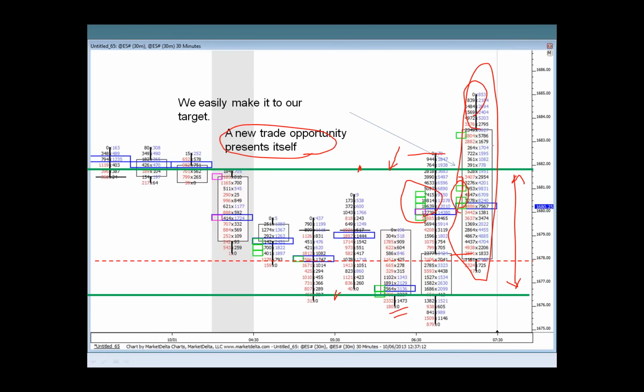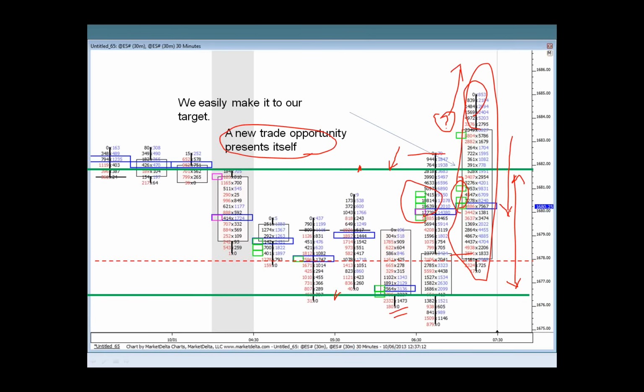Now, prices have shot up above the value area. The question that I have is, are they going to continue to move higher? The opportunity exists, and my question is, is the market going to continue to move higher, or is it going to revert back, and are we going to see it move back into value?